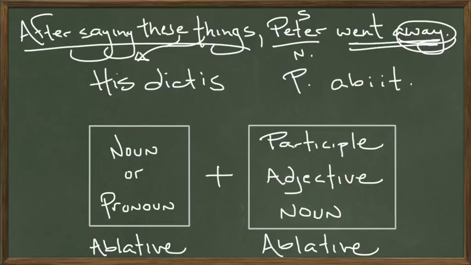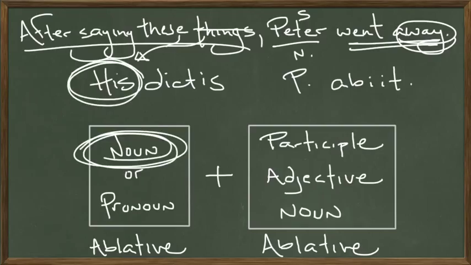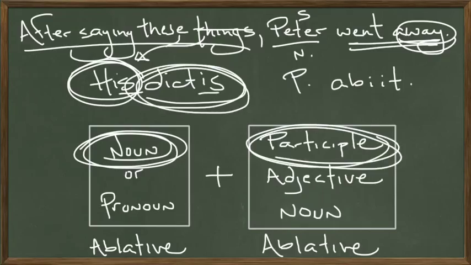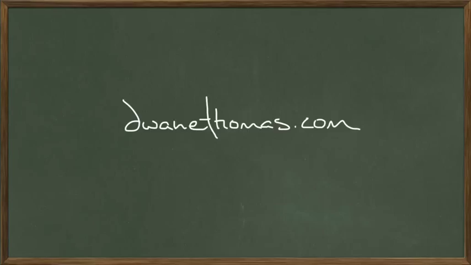His is a substantive that is replacing things. So after having said these, he went away. So this stands in the noun position because it's a substantive adjective, and dictis is the participle. So it's in the participle position, both of them in the ablative case. His dictis Petrus abit. Having said these things, Peter went away.